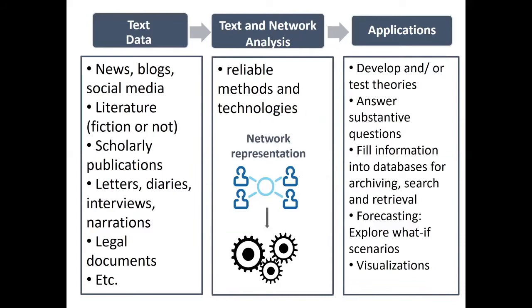And sometimes we go a step further and we actually not only extract information from text data, but we represent it in relational form and then analyze these relationships or networks. This also helps you, for example, to fill information into a relational database, which can then later be used for archiving, search and retrieval, or it might be helpful for exploring what-if scenarios through simulations.